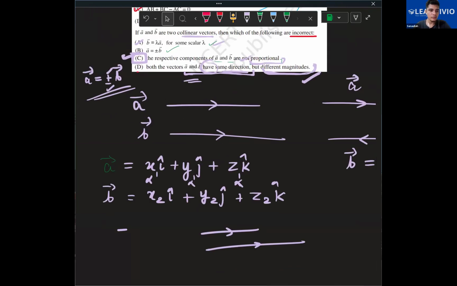Okay, now come to the next topic, that is product of two vectors. And this is a very important topic that we are going to use not only in this chapter but in the next chapter also. So please focus on this topic: the scalar product, that is also known as the dot product, and the vector product, that is known as the cross product.